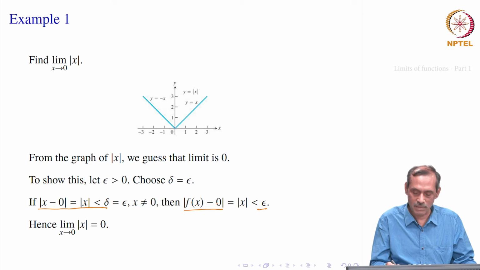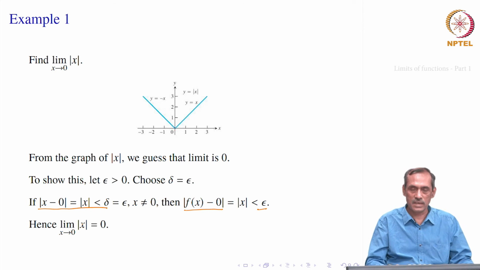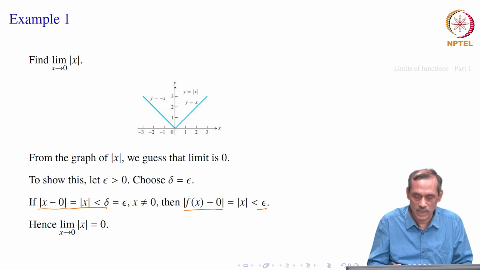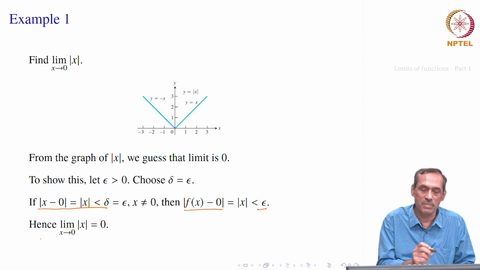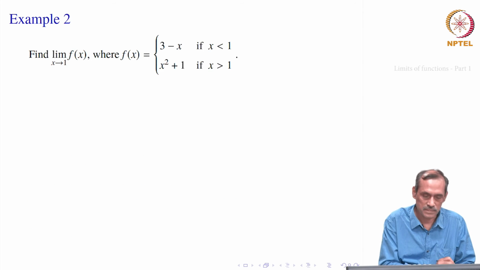Therefore, this L must be the limit of f of x. So, the limit of mod x as x goes to 0 is equal to 0. This is how we are going to solve some problems, but slowly, once you get experience, you do not have to do all these things. You can see about this intuitive idea of nearness, how it will work.